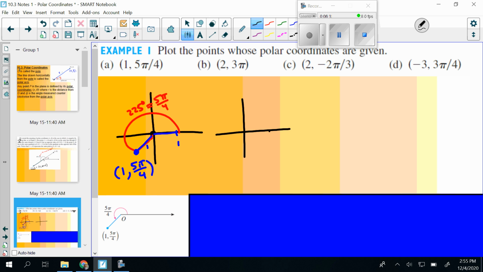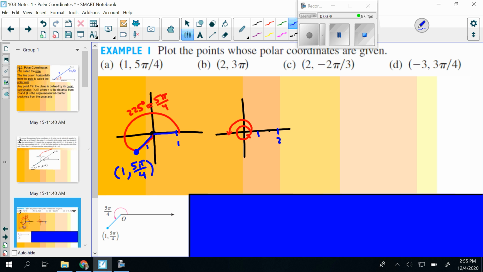Well, remember, if we travel around the circle once, that would be 2π. If we continue on and do another π, that would take us right to the x-axis on the negative side there. So that's the angle. And then again, we would see, okay, how much is 2?